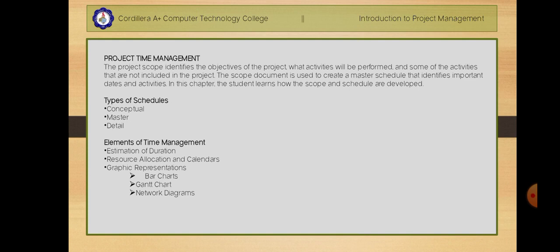So you have to create a resource calendar for everyone that indicates which days are available and which are days off for a group. Like in our school, we have a school calendar. It is very important, especially in planning the whole year's activities, right?